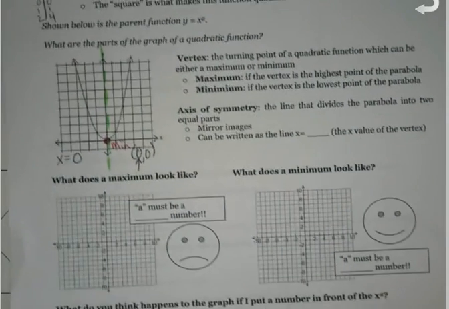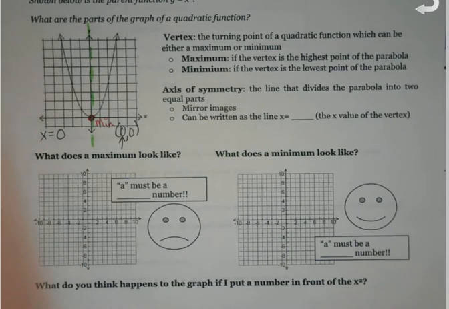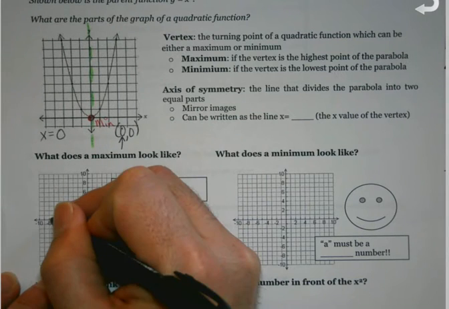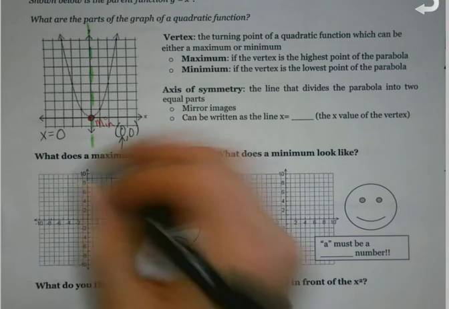And like I said, we're still kind of in review here at the start. So, to get a maximum, because we just saw one that looked like a minimum a minute ago, and I can draw this anywhere I'd like to.